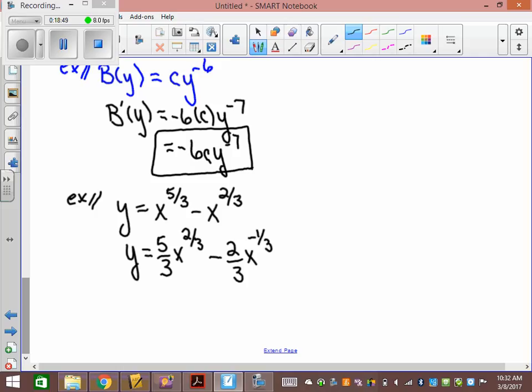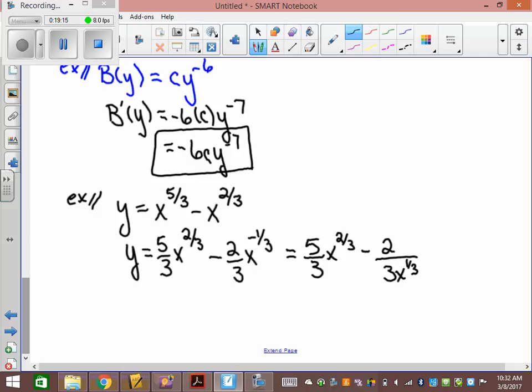But if they wanted to rewrite it as positive exponents, which depends on who you have, you would have to write 5/3 x to the 2/3 minus 2/3 x to the 3rd on the bottom. Because the only thing with a negative exponent is the x, not the 2 that's in front of it.